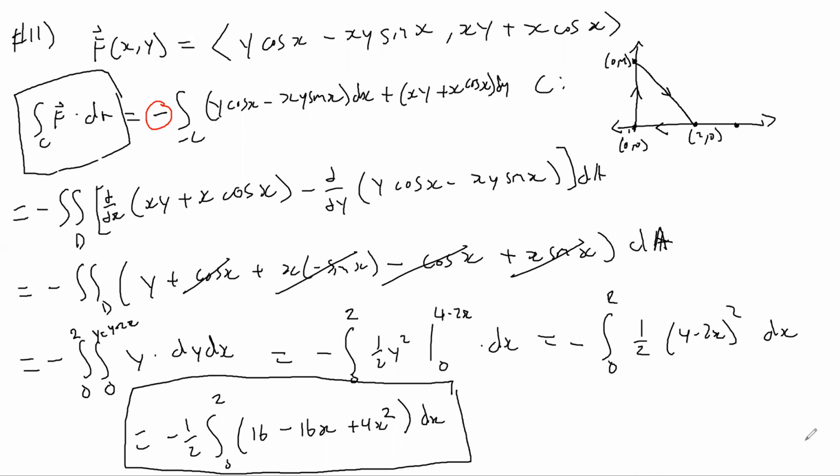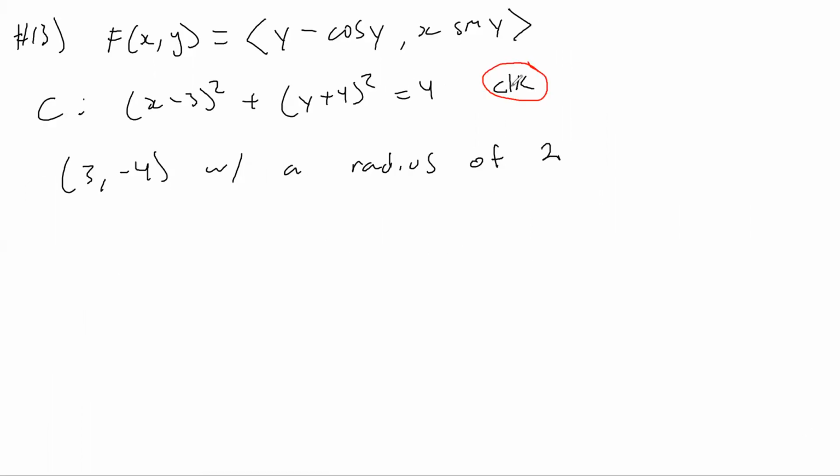Since our orientation of the curve is clockwise, we have to make sure this is equal to the negative of the integral over -C of (y minus cosine y) dx plus x sine y dy.